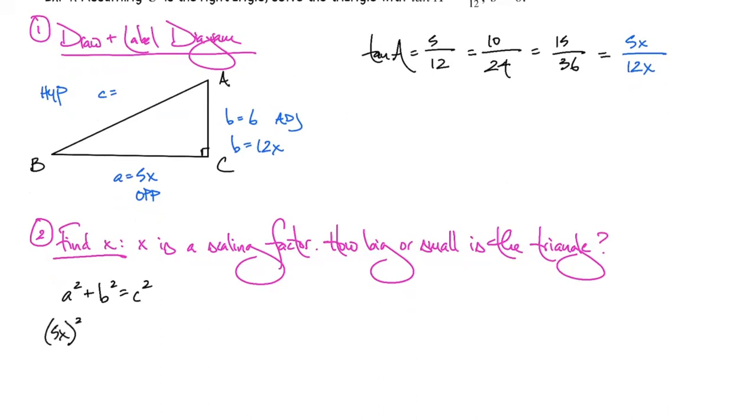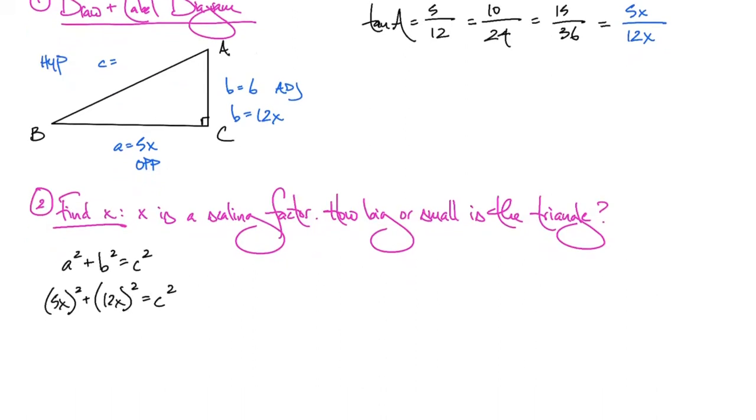So 5x squared plus 12x squared equals c squared. Given this, can I find x? Like, can I find a number for x right now? Why not? Because we don't know what c is. Yeah, we don't know what c is.